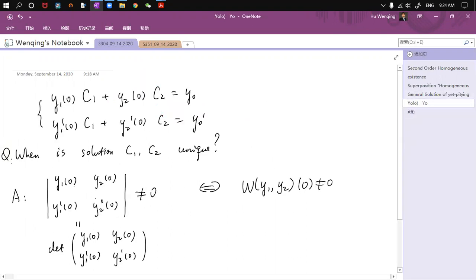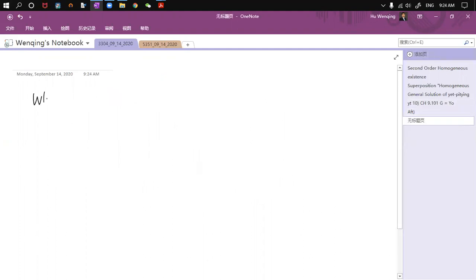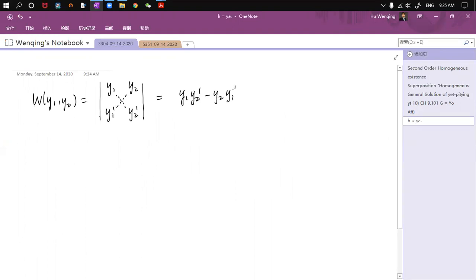If you want the determinant of a 2 by 2 matrix, the determinant of Y1, Y2, Y1 prime, Y2 prime, you cross multiply these two minus you cross multiply these two. So that's Y1 Y2 prime minus Y2 Y1 prime. This is how you calculate the Wronskian.